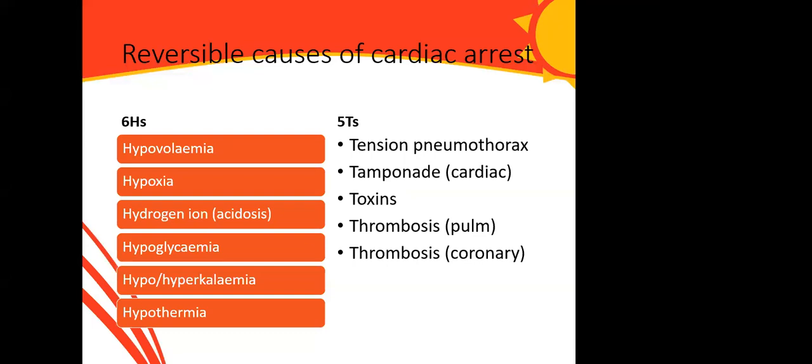So these are reversible causes of cardiac arrest, and when a patient goes into cardiac arrest, we want to try as much as possible to identify those reversible causes and treat them as we initiate CPR.